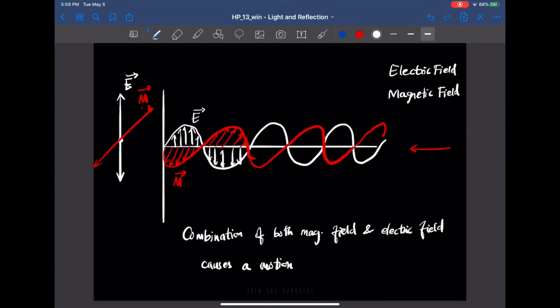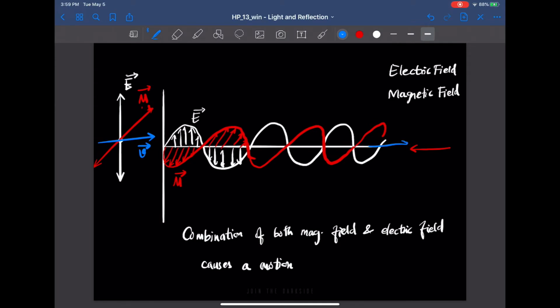This motion propagates perpendicular to both the vibrations. Both these waves are perpendicular to each other. This V bar represents the propagation of the wave.